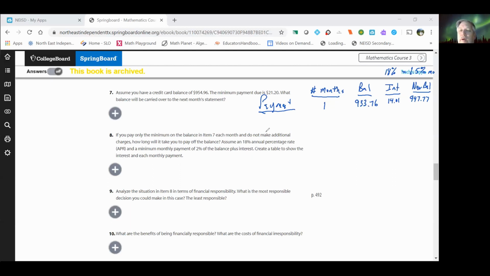So the payment requirement is going to be $32.97. And so we're going to make that payment. We're going to subtract that from the new balance. So it's 947.77 minus the 32.97, and we're going to get a balance of 914.80.